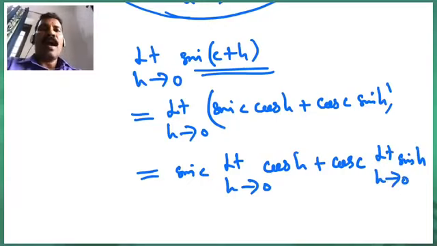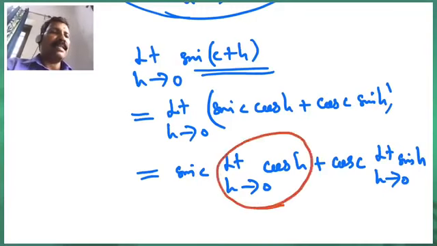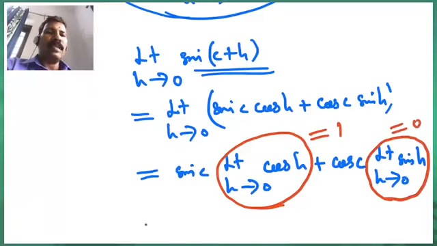And we have already seen that limit of cos h as h tends to 0 is 1 only, and limit of sin h as h tends to 0 is 0. So using this, we can simplify this to get sin c.